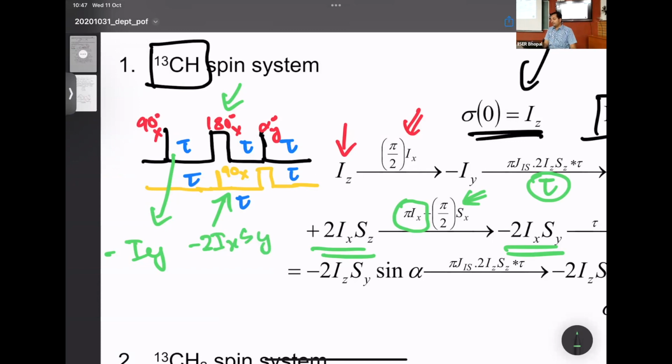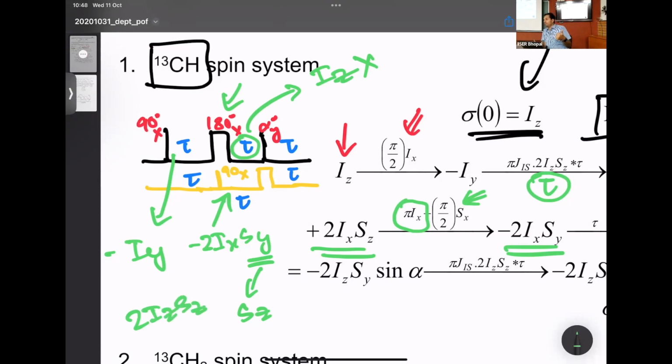Now, yet again, you have the tau delay. You just learned a moment earlier that in this tau delay, IZ will not operate. Right now, you also generated SY, remember. So that's carbon. In this case, SZ should evolve. Remember, in this tau delay previously, you said 2 IZSZ will evolve.